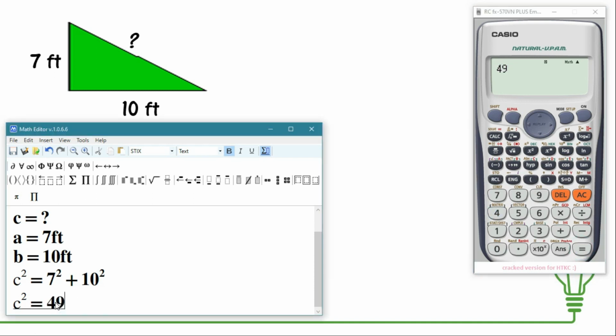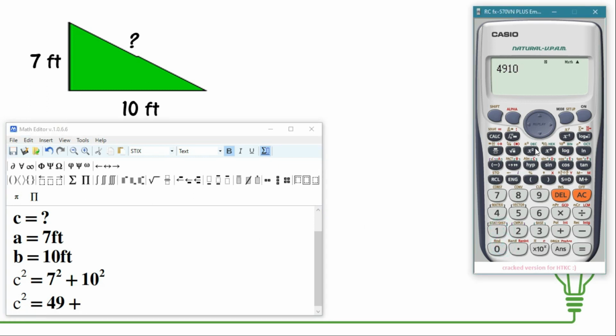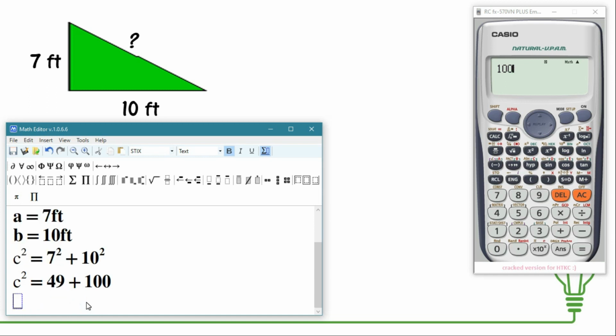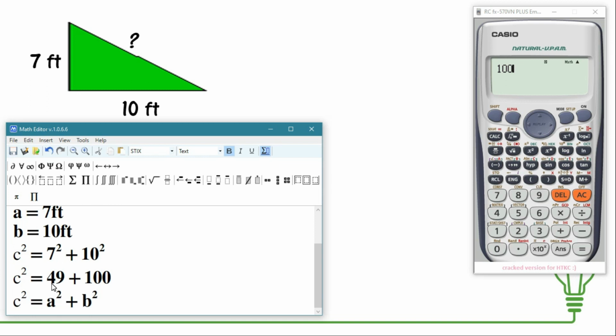Okay? 49 plus, what is 10 square? 10 square would be, I know that you all know that, that's 100, but we need to illustrate that using the calculator for it to be more understandable. And then, simplifying this one, we have C square equals 149.